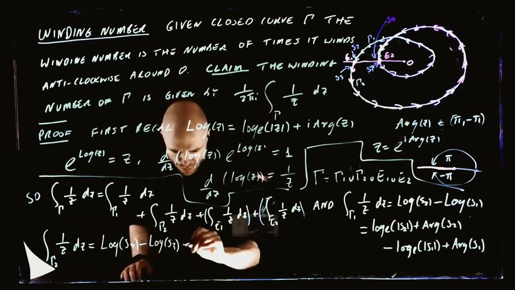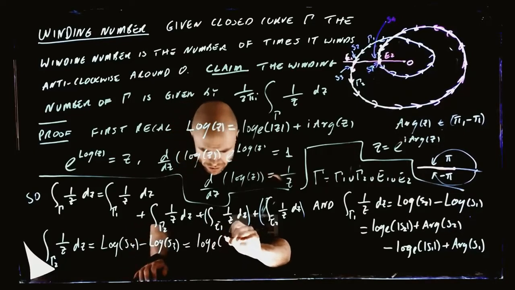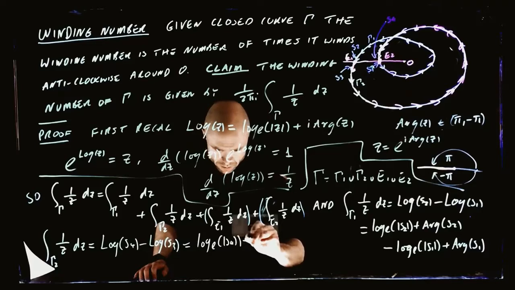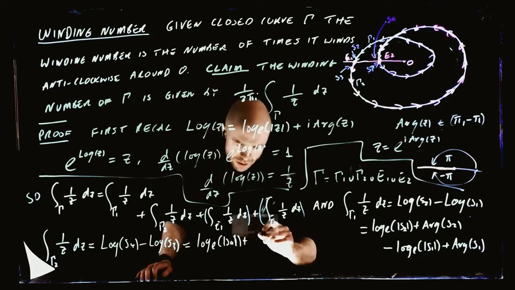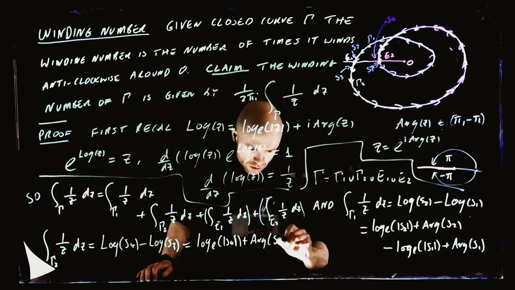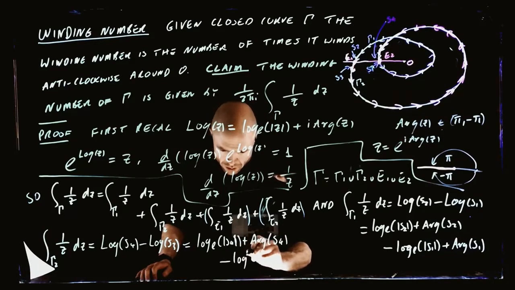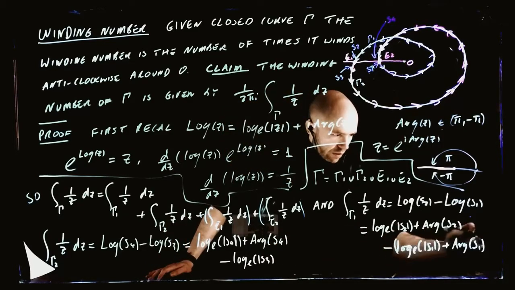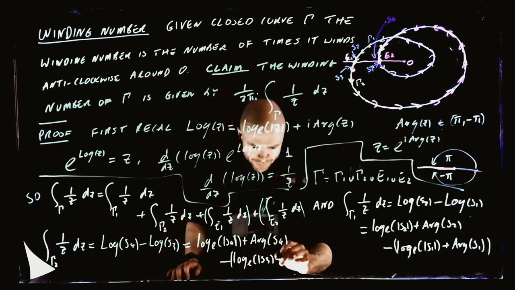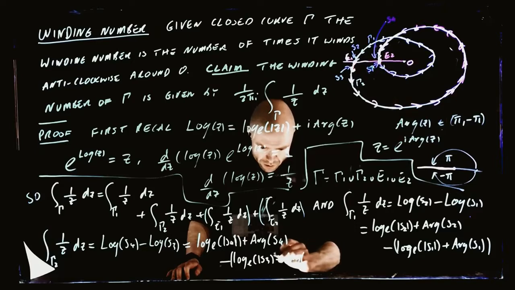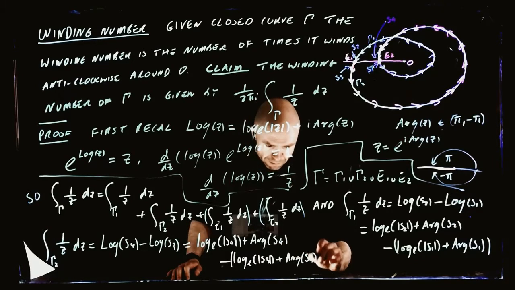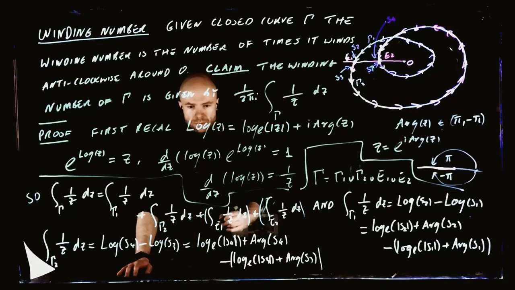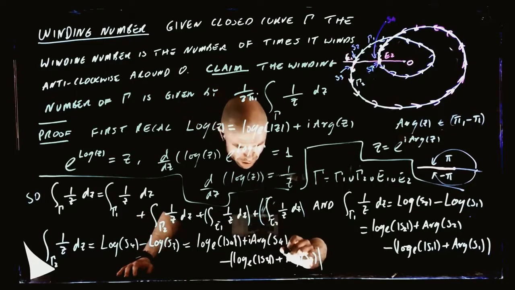That is log to the base e of the absolute value of S4 plus i times the argument of S4, minus, with a bracket around here, log to the base e of the absolute value of S3 plus i times the argument of S3. Yes, sorry, the argument has an i here.